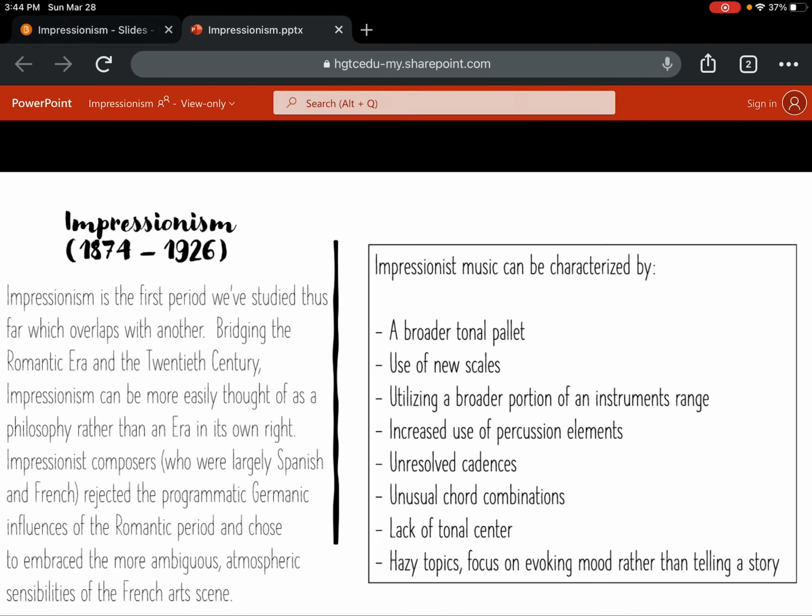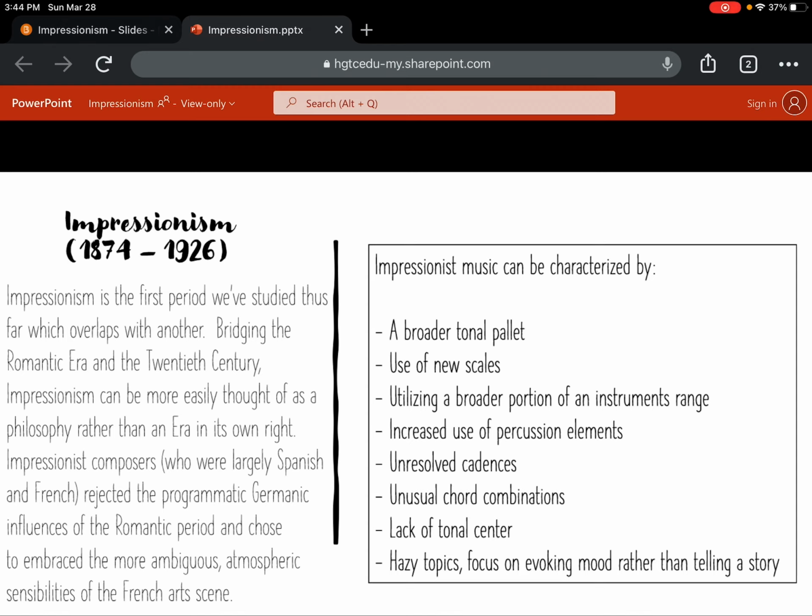Impressionist composers, some of the most influential of which were Spanish and French, rejected the programmatic Germanic influences of the Romantic period and chose to embrace more ambiguous atmospheric sensibilities of the French art style. So you can think that on the continent of Europe, the Germanic tradition and some of the Italian traditions had been huge for a couple hundred years at this point, and they were kind of all the rage.